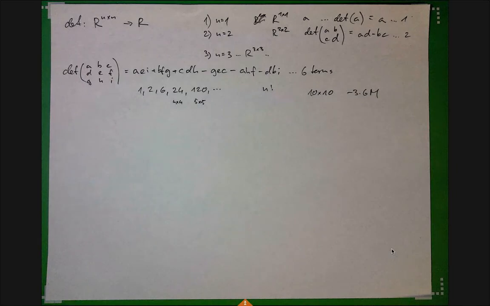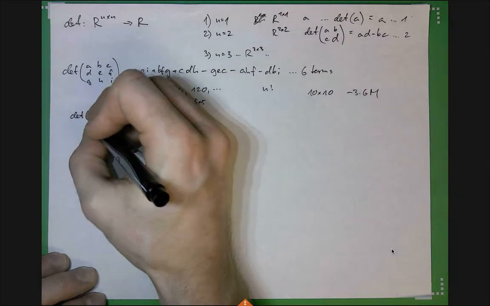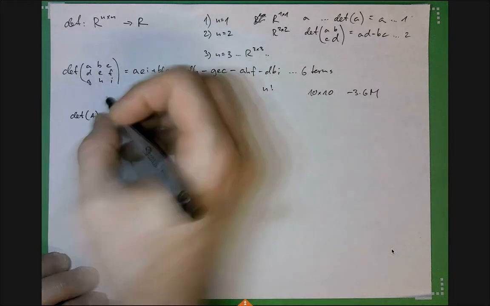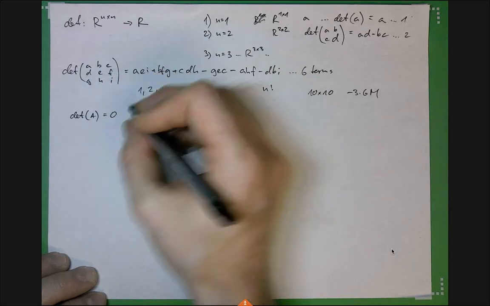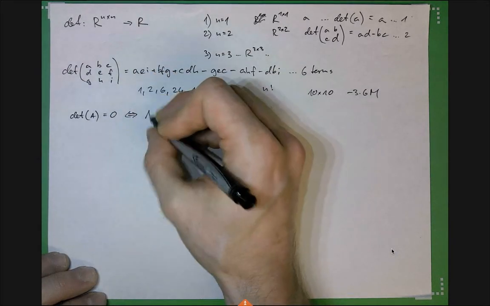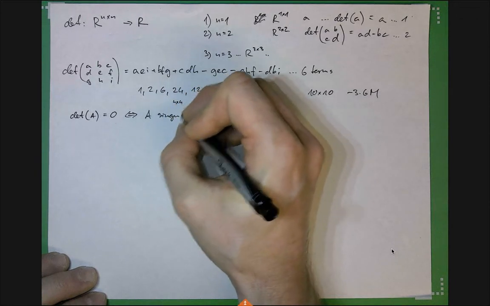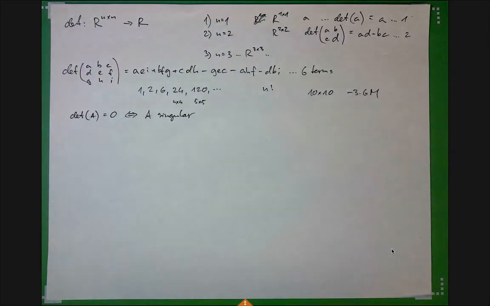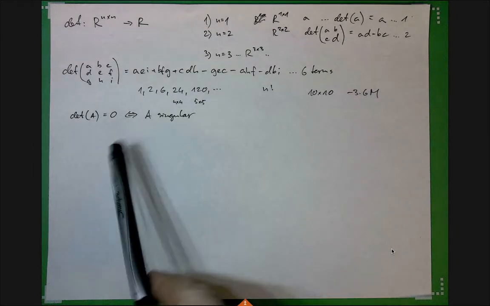So one interesting thing we can discuss immediately is that the determinant, and now I mean of a general matrix, is 0 if and only if the matrix is singular. This is one application of a determinant. I will explain it a little bit after we learn some more about the determinant.